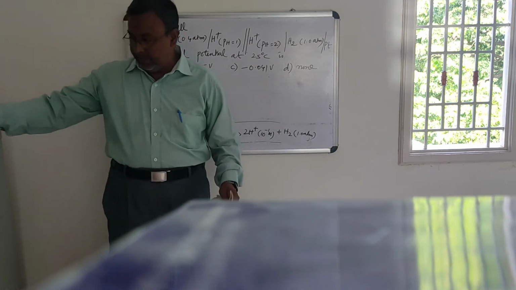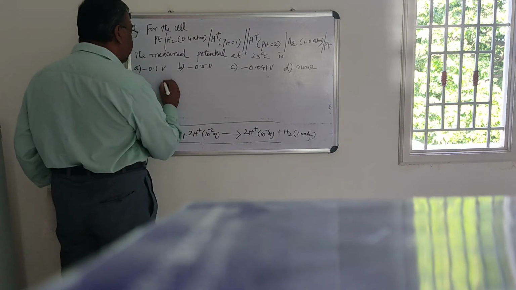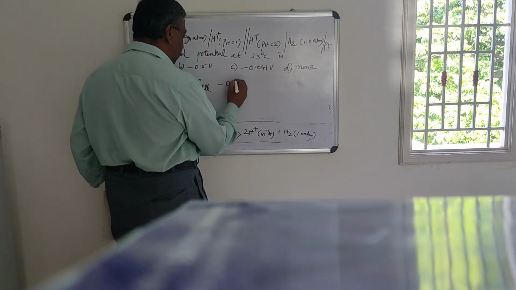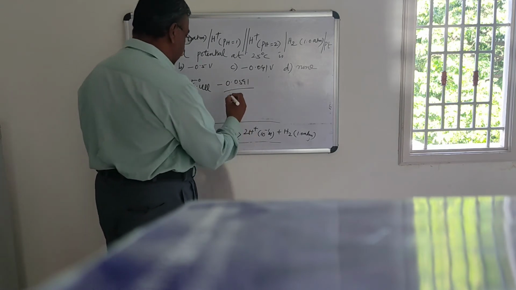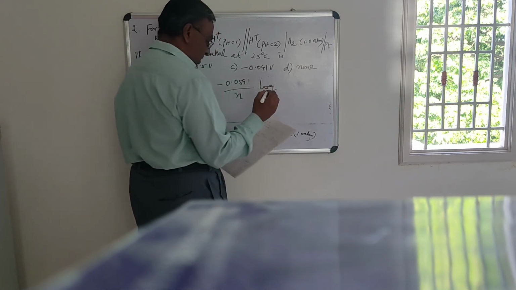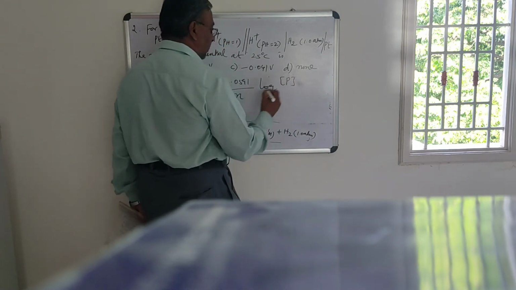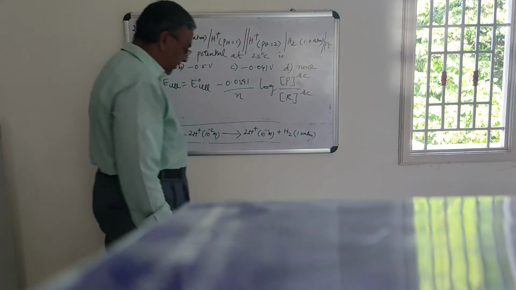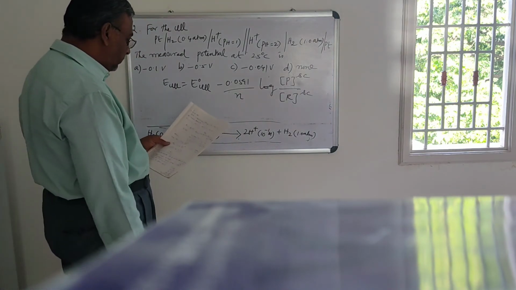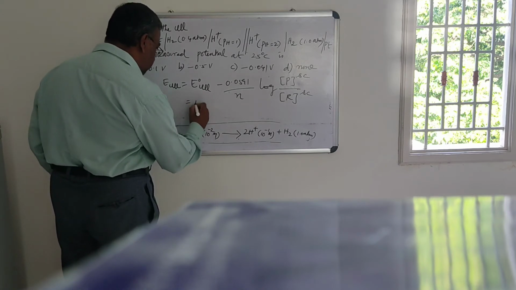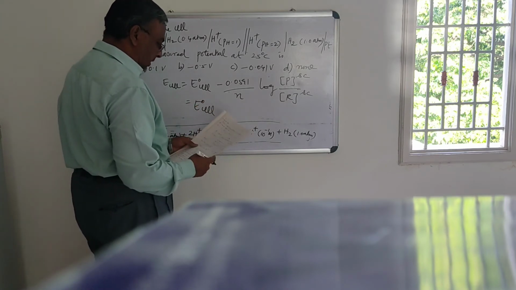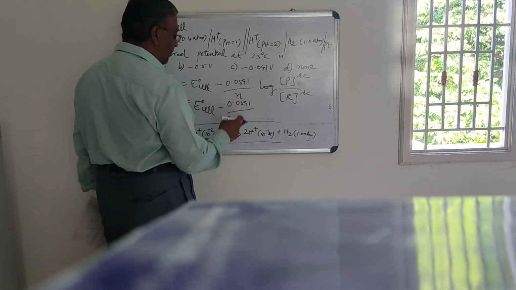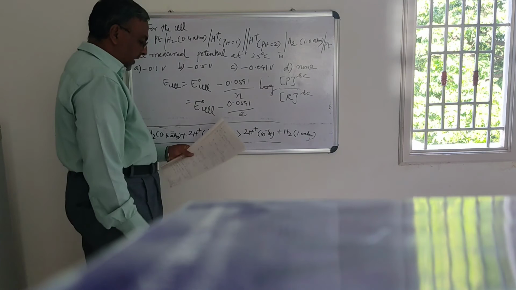Nernst equation is E cell equal to E naught cell minus 0.0591 divided by n log of concentration of products to their stoichiometric powers divided by concentration of reactants to their stoichiometric powers. Usually 2 electrons are transferred in this electrochemical reaction.